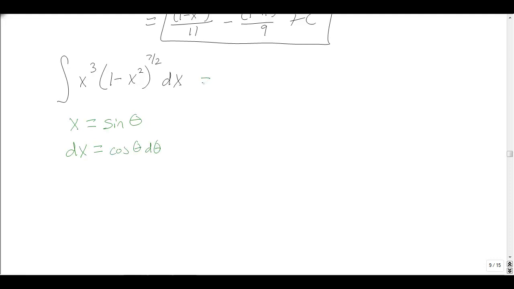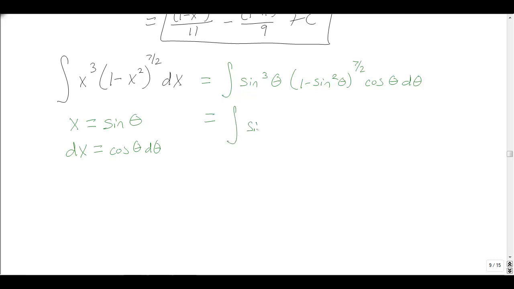And when I sub this in, what I get is an antiderivative. x is sine cubed theta. 1 minus x squared is (1 minus sine squared theta) to the 7/2. And then the dx is cos theta d theta. So seeing that 1 minus x squared makes me think this is the way to go.